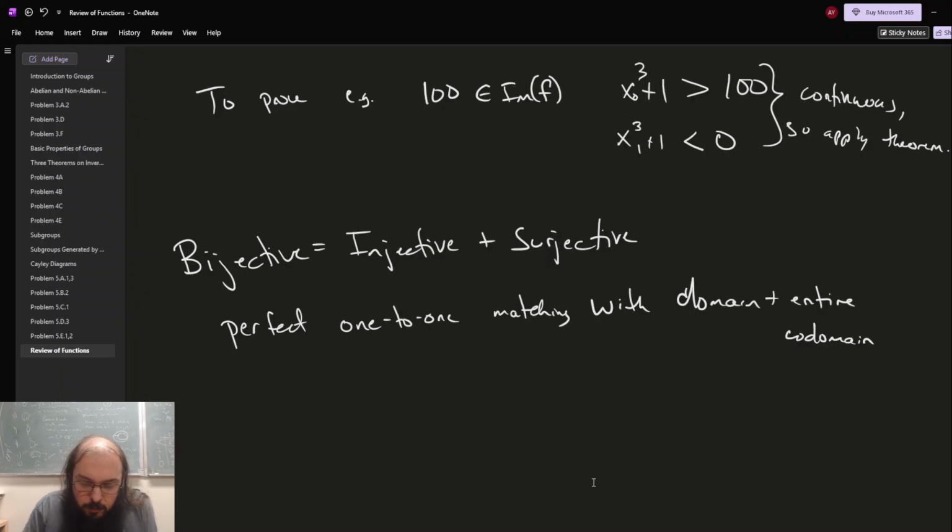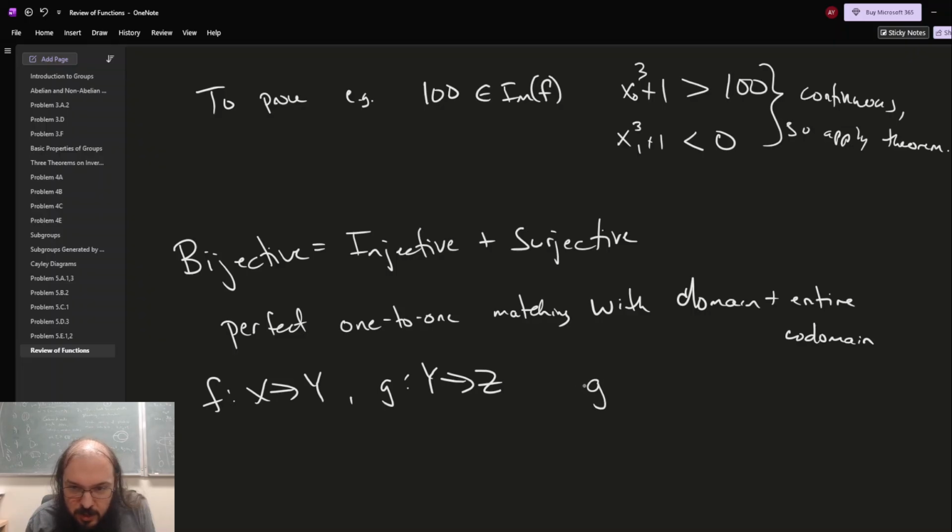functions. If we have two functions, f from X to Y and g from Y to Z, then we can form the composite g circle f. Usually you read this as the word "following." This makes it a little more understandable why functions are composed right to left instead of left to right.